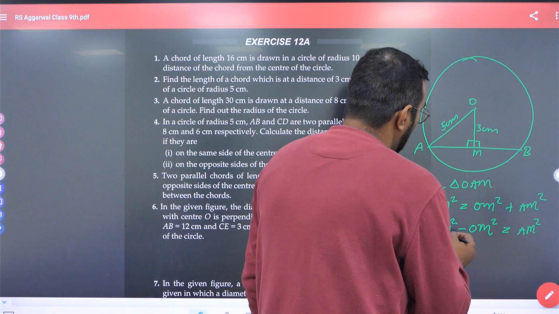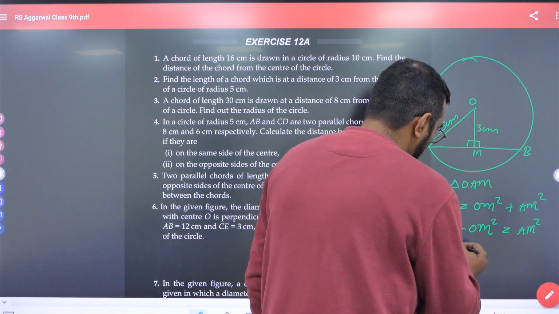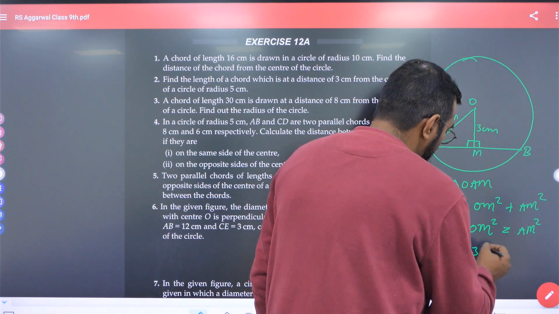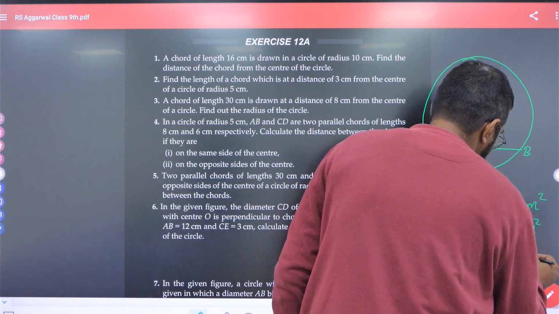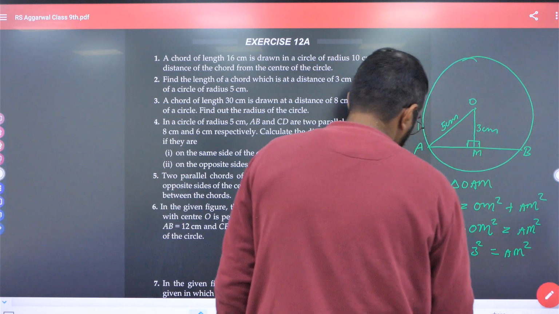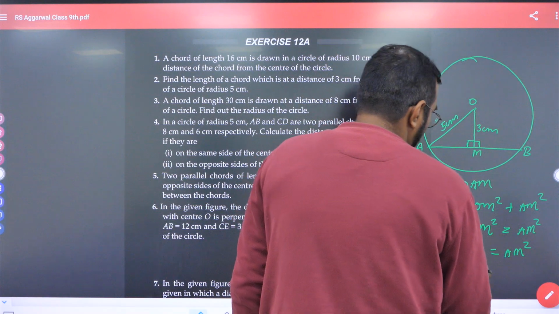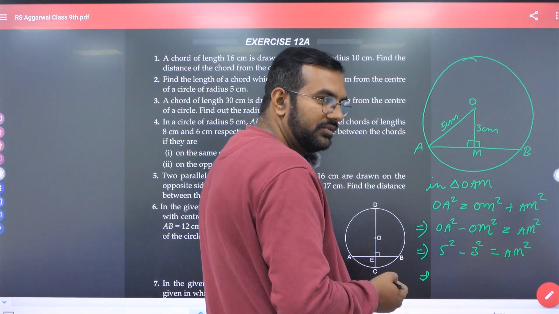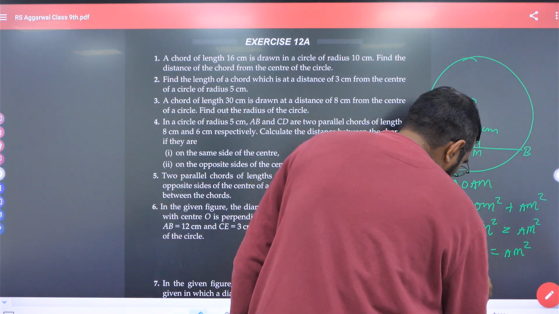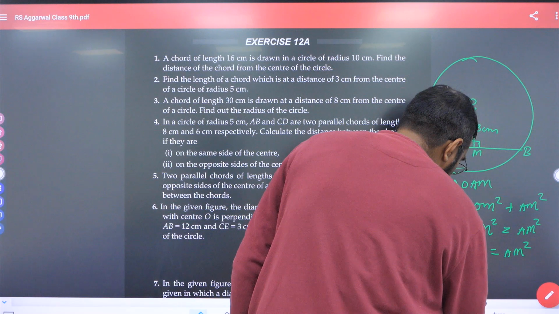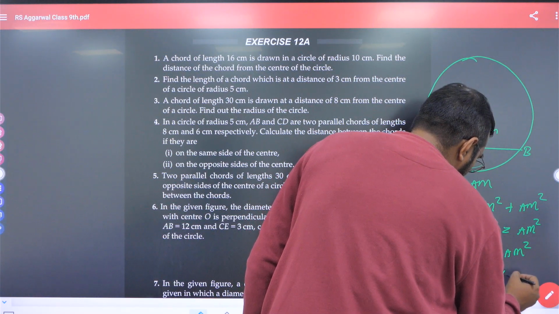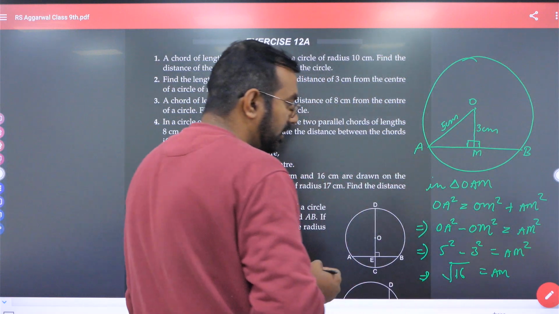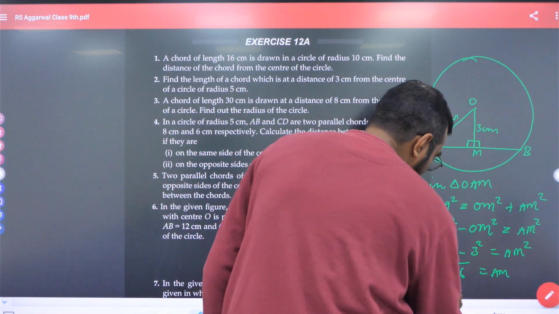So OA is 5 square, minus 3 square, is equals to AM square. 25 minus 9, 16, right? And it will come in root, because AM is square. AM will be equals to under root 16.